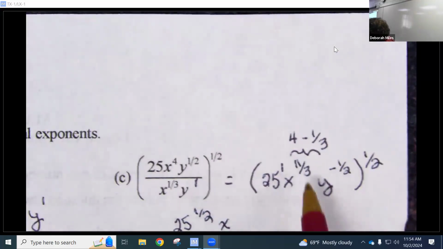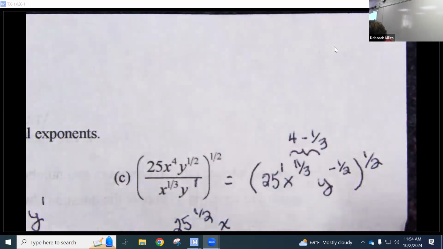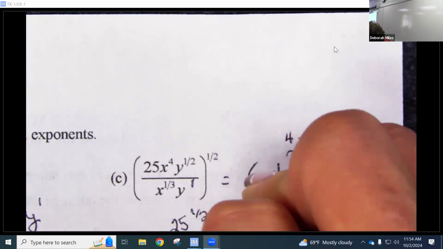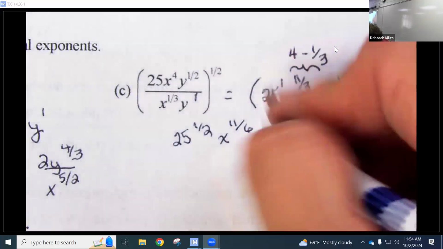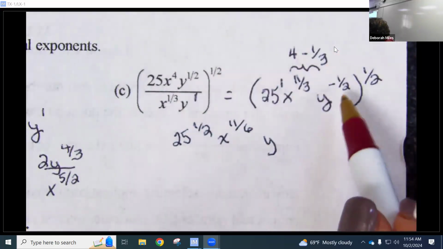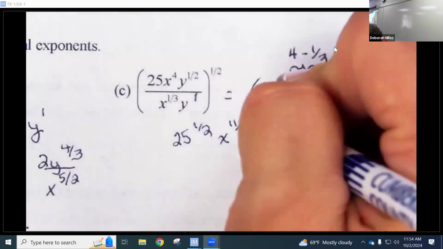X to the 11/3 times 1/2 is 11/6. And y to the negative 1/2 times 1/2 is negative 1/4.